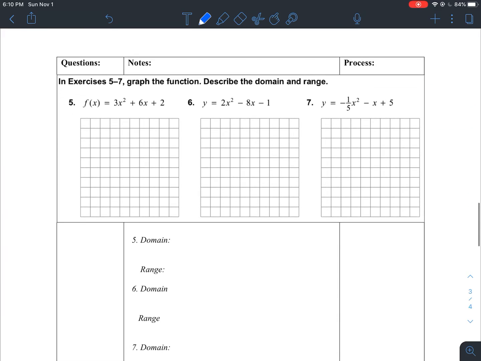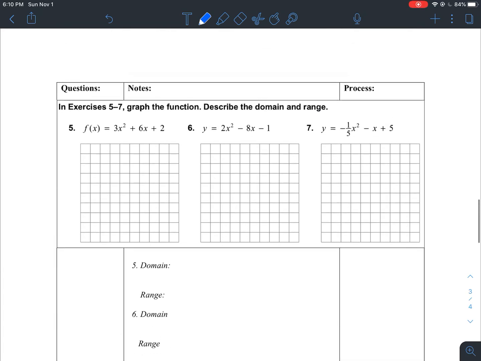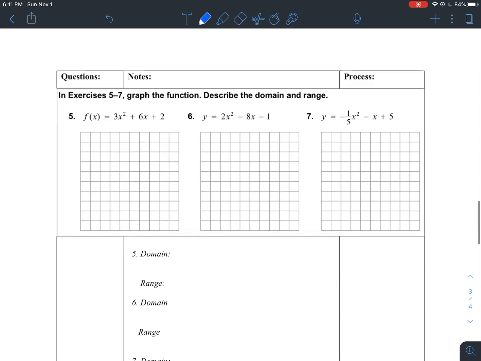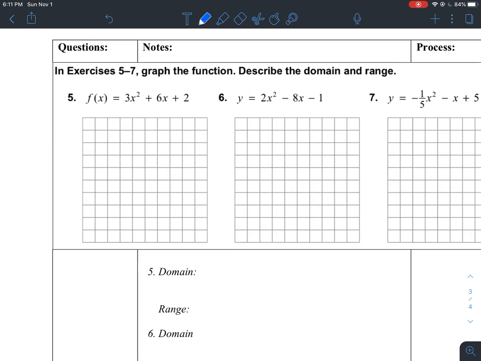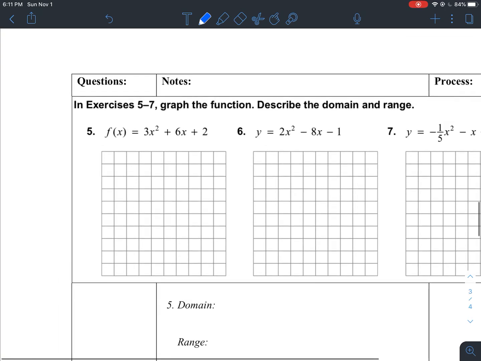Now let's go to exercises 5 through 7. So it says to graph the function, describe the domain and range. So we have functions right here in the form of ax squared plus bx plus c, and we need to graph the function. So for number 5, we know that a is equal to 3, b is equal to 6, and c is equal to 2.